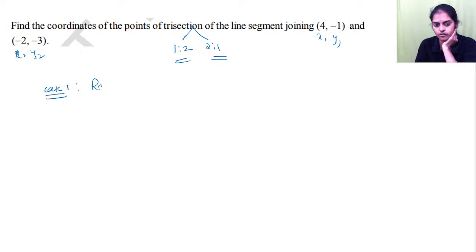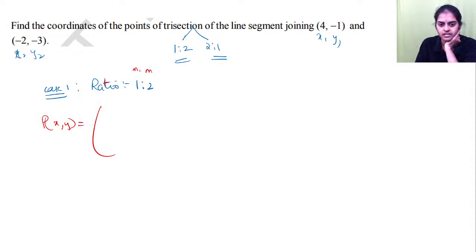when we take the ratio as 1 is to 2, what do we do here? If the ratio is 1 is to 2, you take the point, if I'm taking it as P, I will get it as m1 and m2.